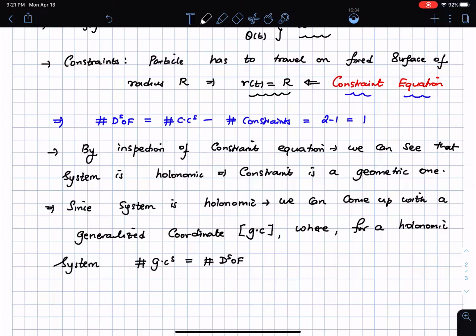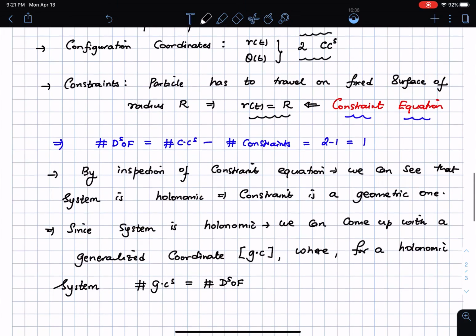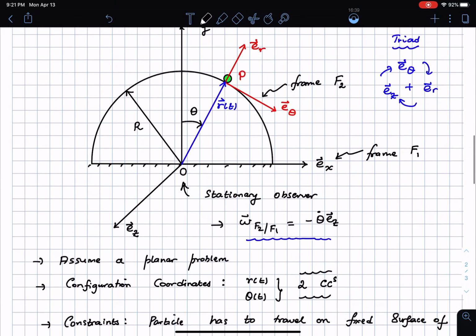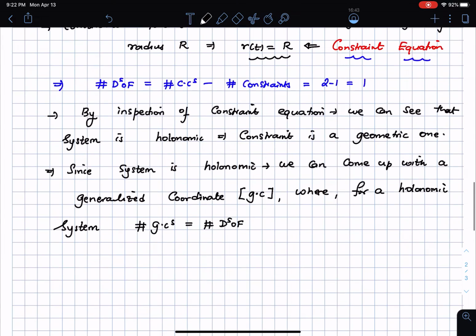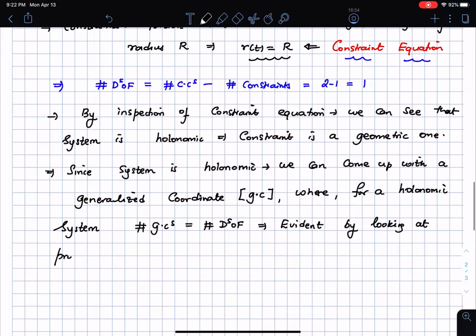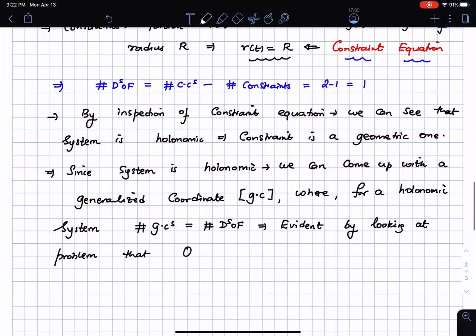And it's quite an evident choice for this particular problem that the generalized coordinate is going to be theta. It is evident by looking at the problem that theta acts as a generalized coordinate.